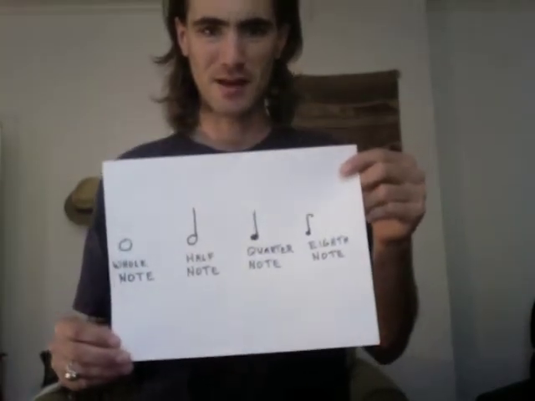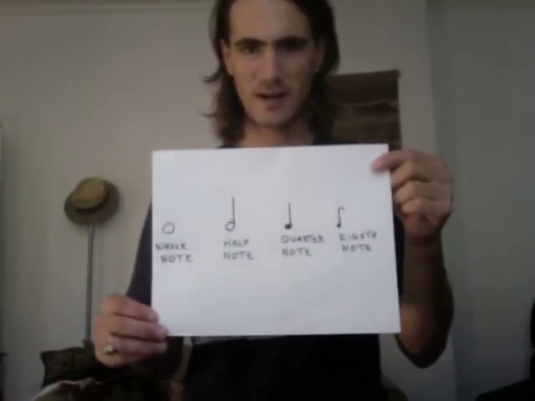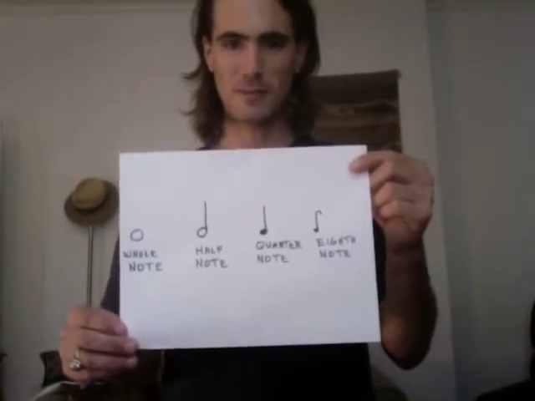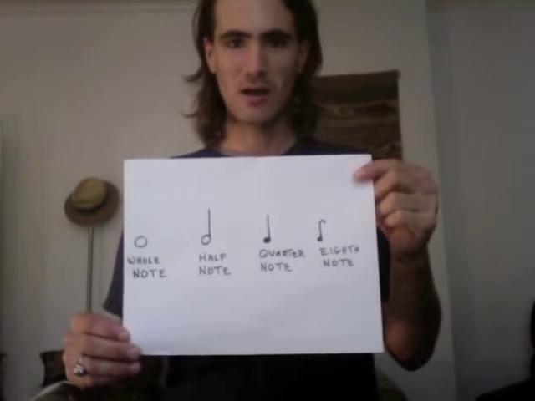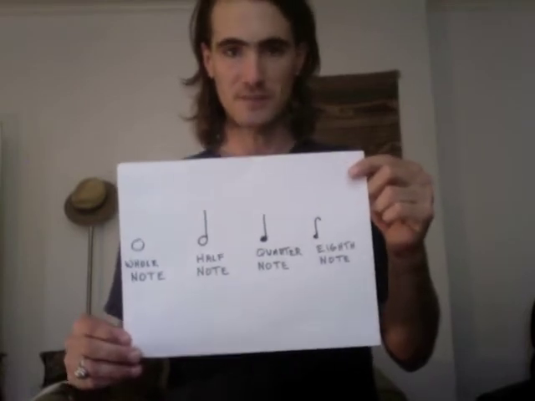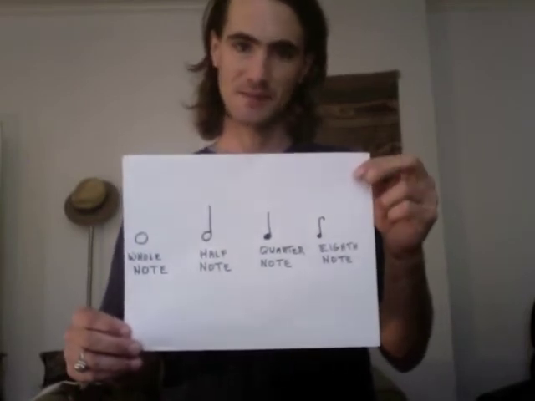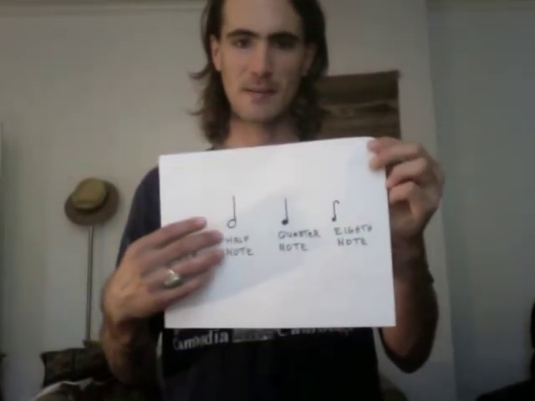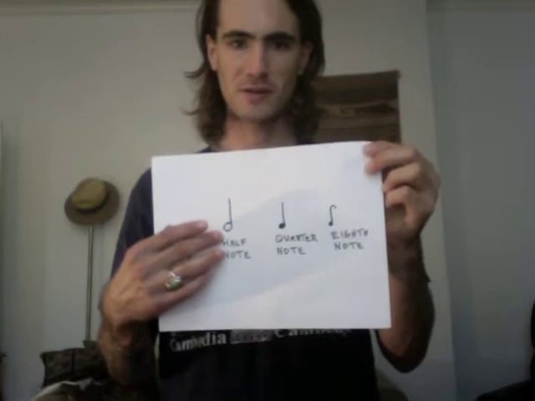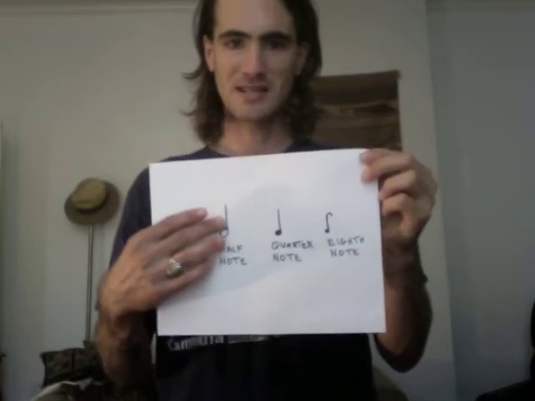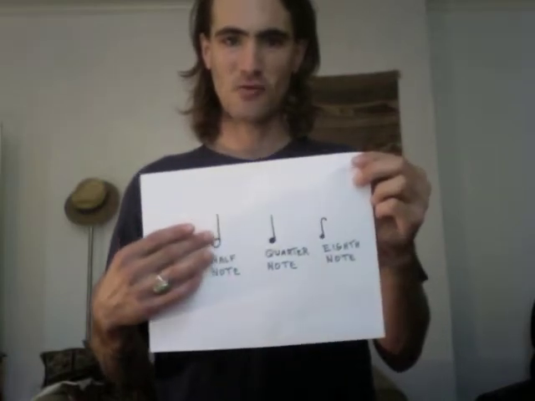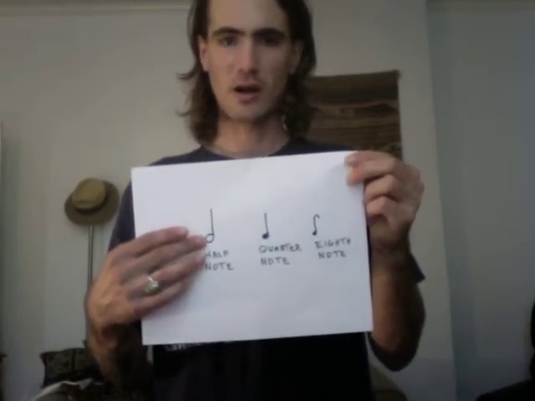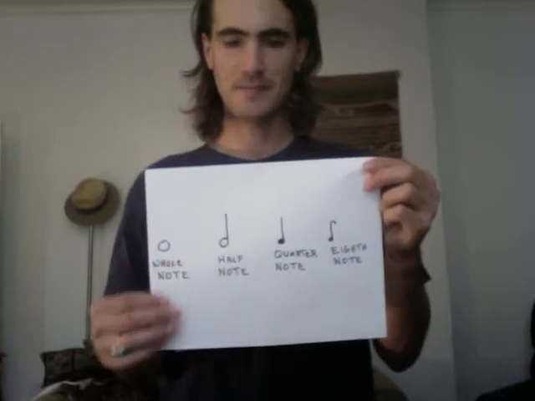I have written out 4 different types of notes. You may remember that I talked about the anatomy of the notes in our last lesson. I said that notes have a note head, that circle right there, and a stem that rises up from the right side of the note head or comes down from the left side.